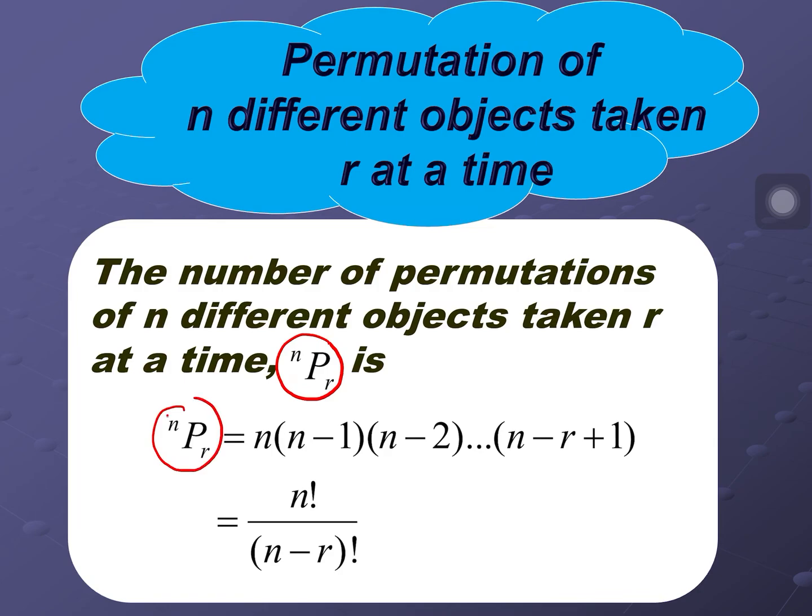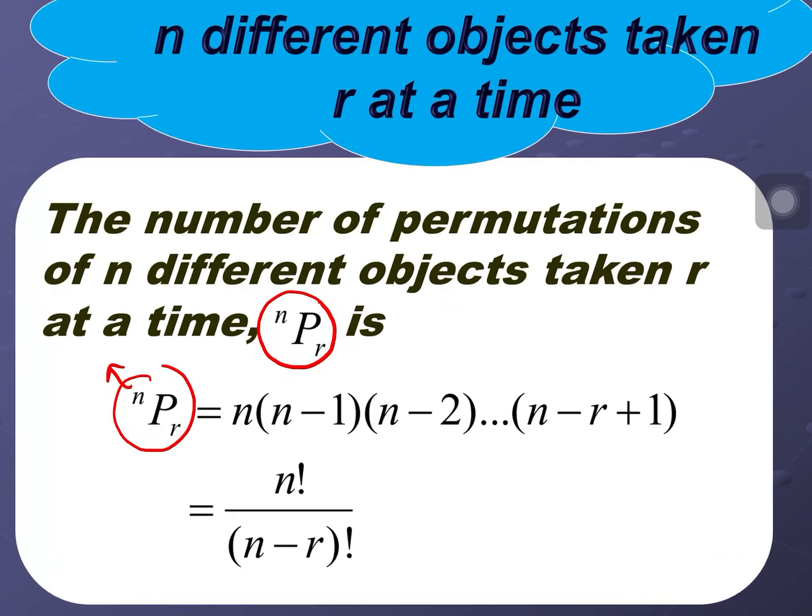So nPr, n is the number of different objects, and r is the number of objects taken at a time. For example, we have in the box 8 balls, and I only want 2 balls.